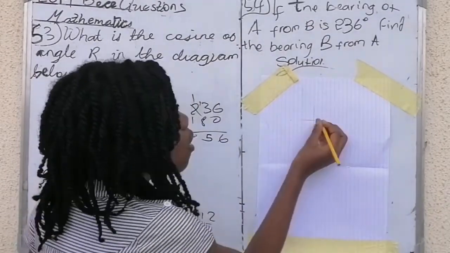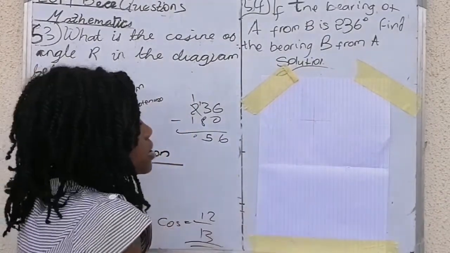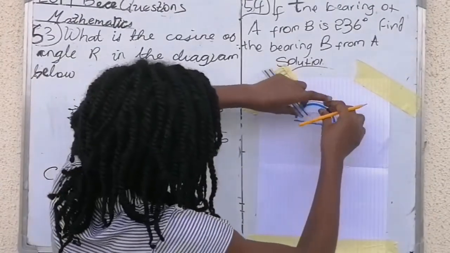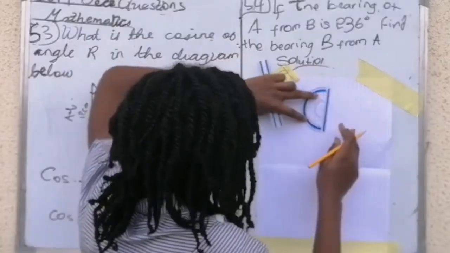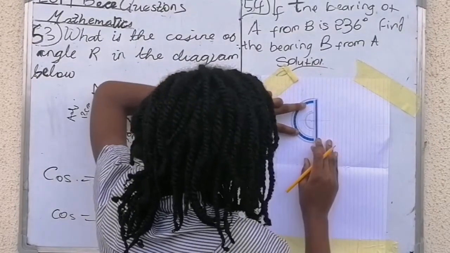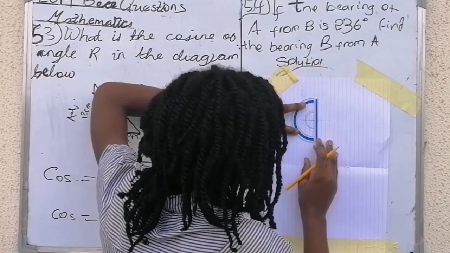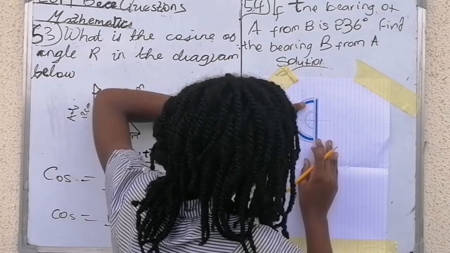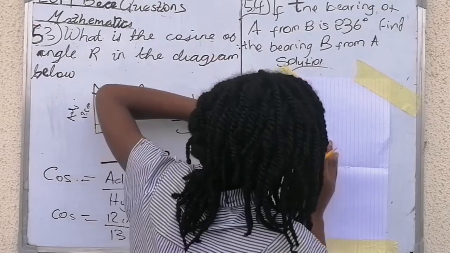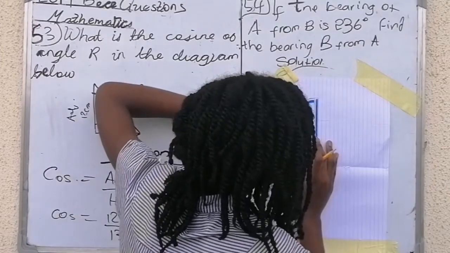from here we construct 56 degrees. So let's solve. We place 0 here. I'm placing 0 here now.